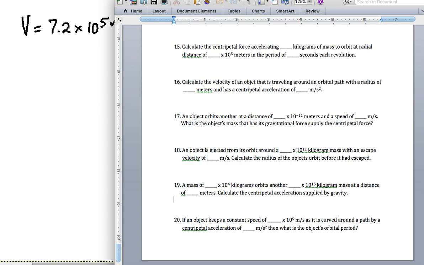Constant velocity of, I'm going to go with, let's say 7.2 times 10 to the 5 meters per second, as it is curved around a path by the centripetal acceleration of blank meters per second squared.